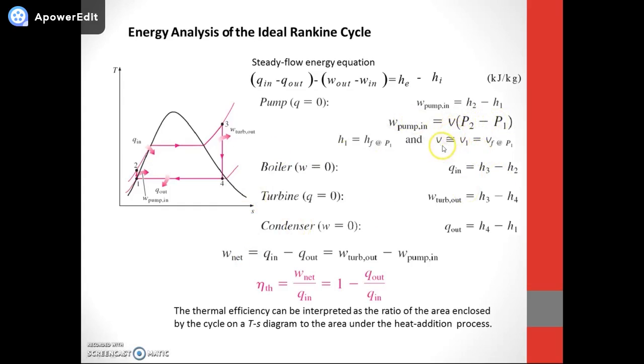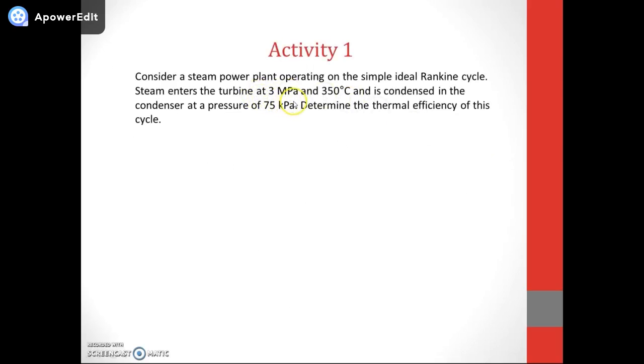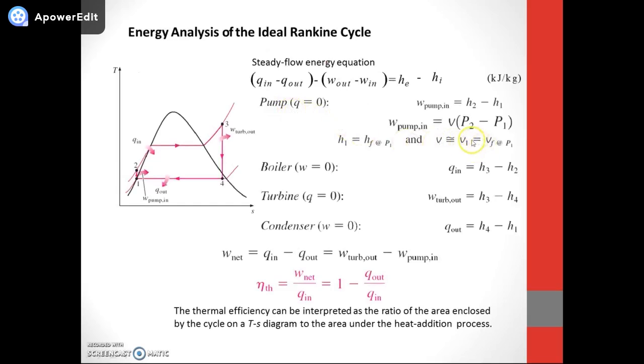Specific volume is actually V of the saturated liquid. If you have this pressure, you can get the saturated liquid specific volume at this pressure, right? So if you have that, you can solve this.